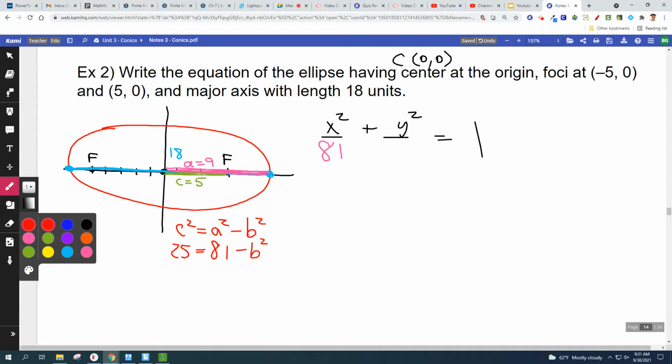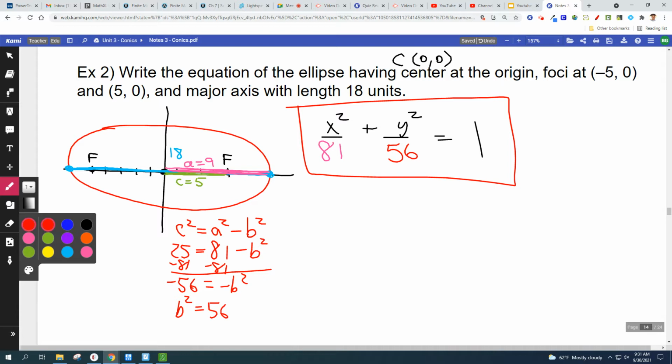So subtract 81. 25 minus 81 is negative 56 equals negative B squared. So that means B squared equals 56. You could do the square root to find B, but I don't really need to. I want B squared. Right there, B squared is 56. That's what goes in the equation. I'm done. That's it. That's the equation.